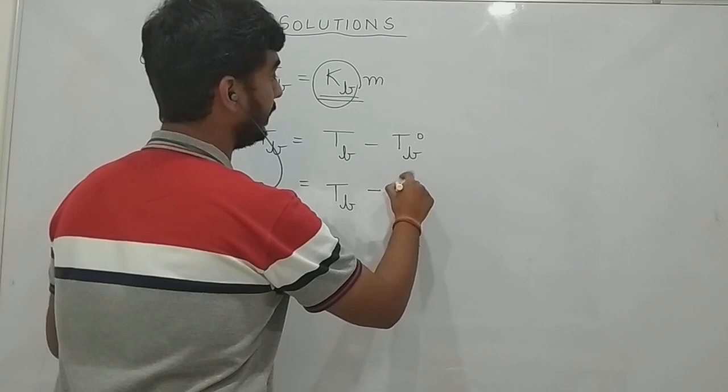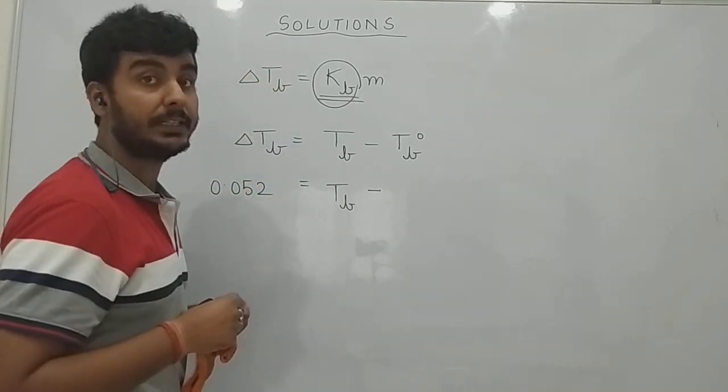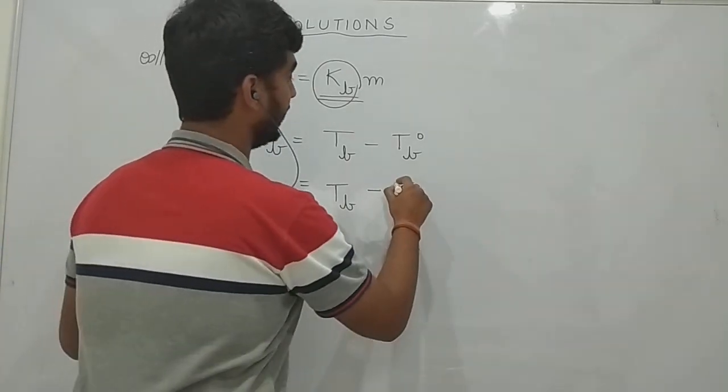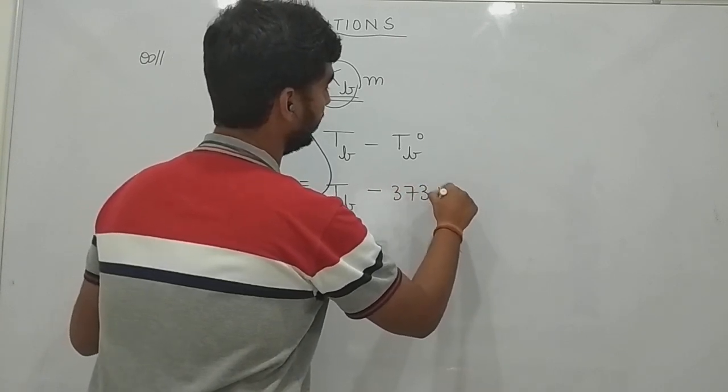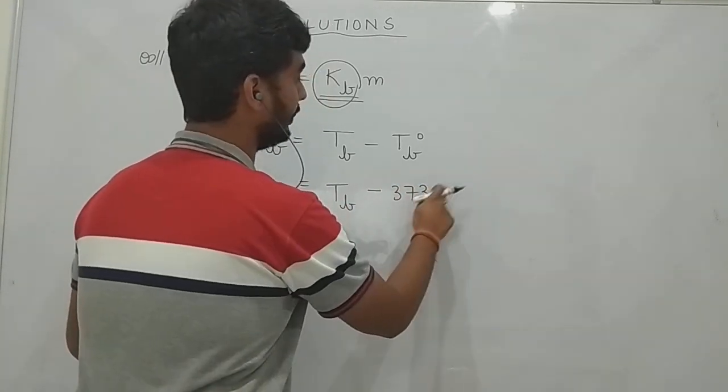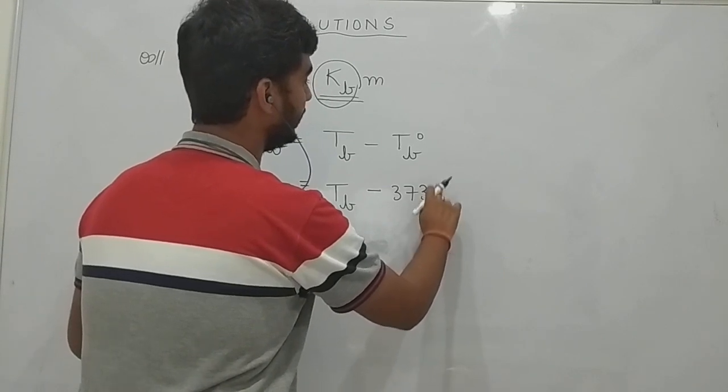So the boiling point of water, 100 degrees centigrade, converted into Kelvin is 373 Kelvin. 273 plus 100 is 373 Kelvin.